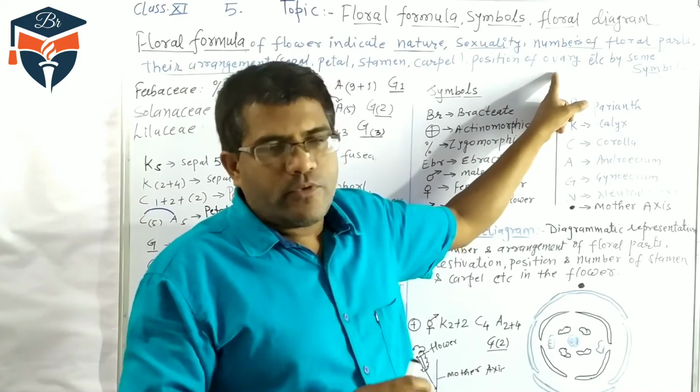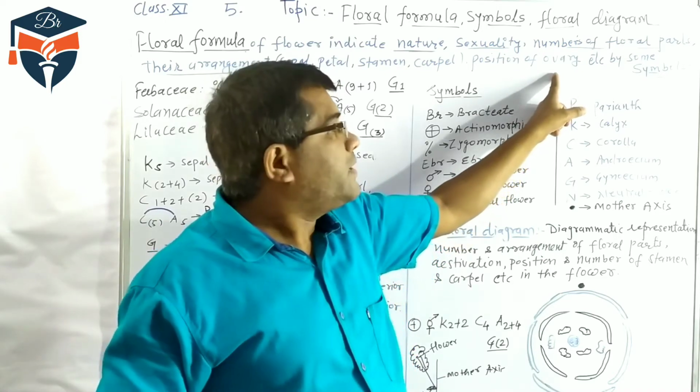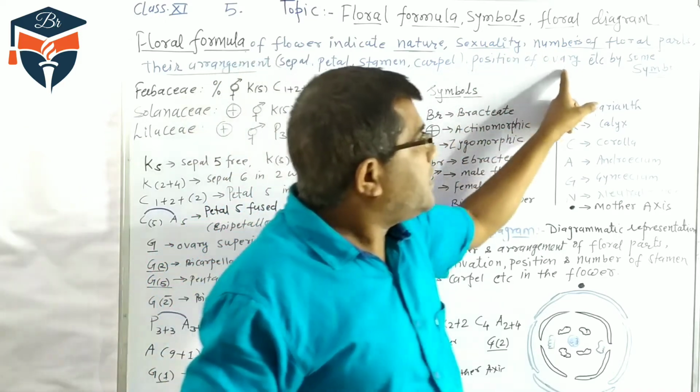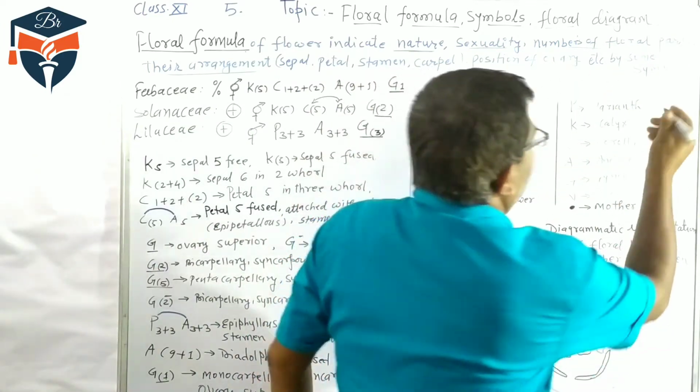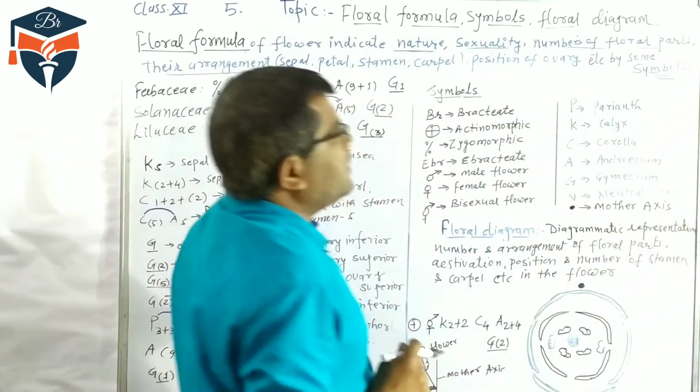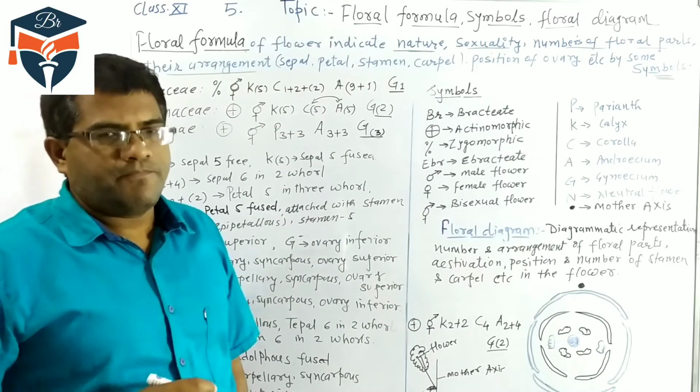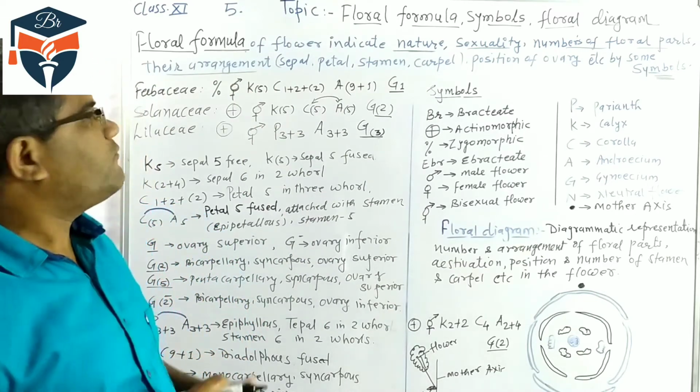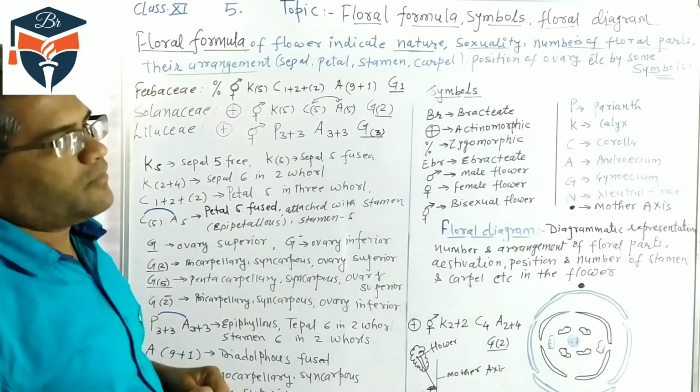Ovary is hypogynous or epigynous or perigynous. It is indicated by symbols. So when the floral parts are indicated in symbolic form, it is called floral formula.